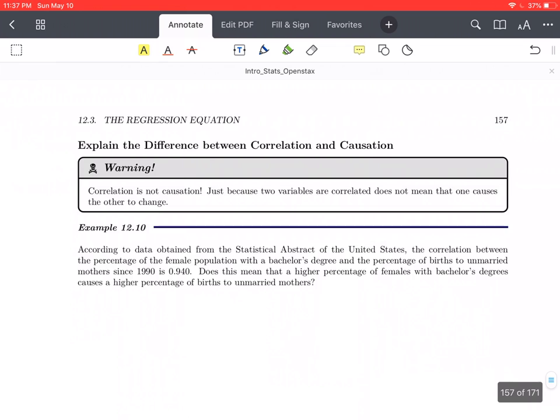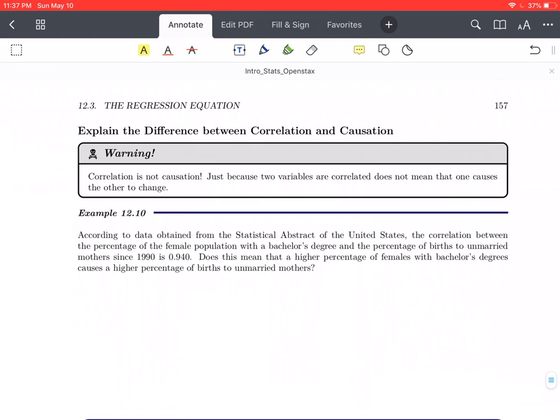Okay. And then the last big discussion point for this section is the idea of correlation versus causation. Correlation is not causation. Just because two things are correlated to each other does not mean that one causes the other.